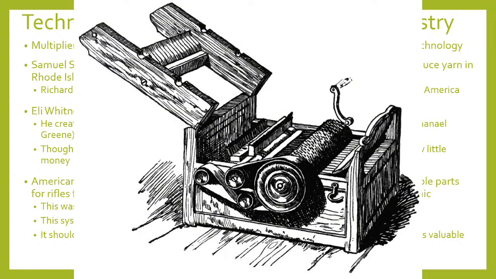There's the cotton gin, or at least the prototype cotton gin. You put the cotton in one side and close it up, and then you crank it, and it traps the seeds and spits the cotton out the other side.